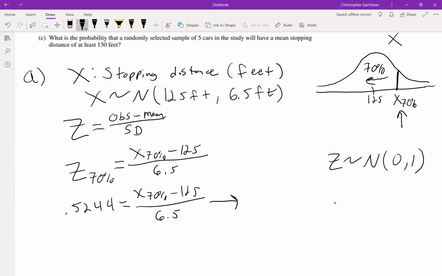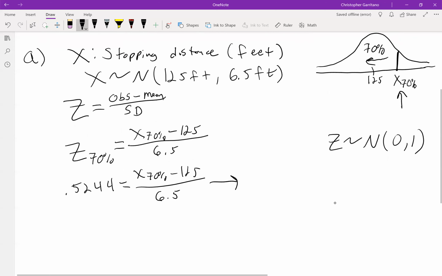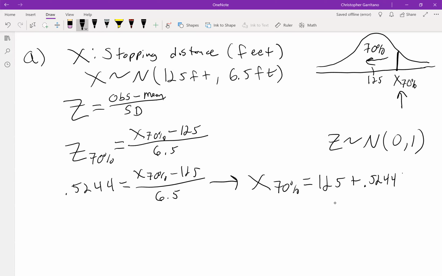And from here is where you get the expression that a lot of you saw in the scoring guideline, which is that the value you're looking for will equal 125 plus 0.5244 times 6.5. And that, of course, ends up being, let me just quickly type this into my calculator.